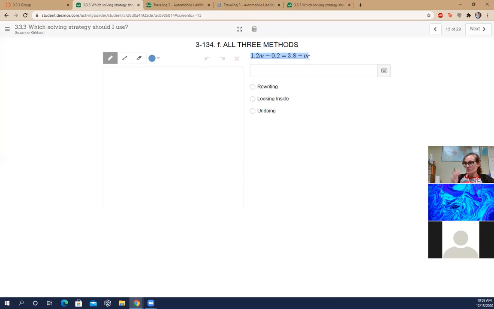All right, so the first one, 1.2 times 10 will be 12. So that's 12m minus 0.2 times 10 is 2, equals 3.8 times 10 is 38, plus m times 10 is 10m.